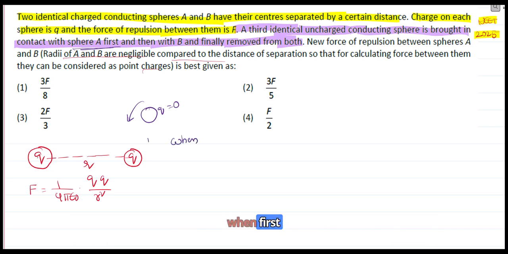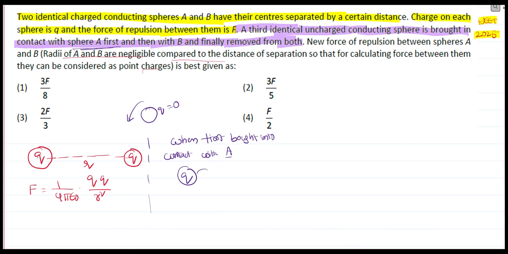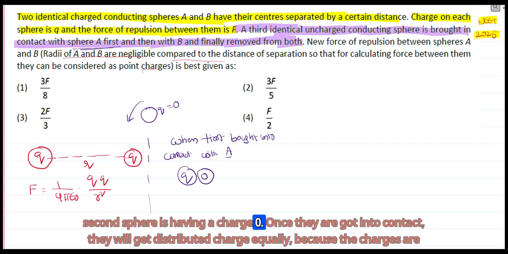When first brought into contact with A, see, the spheres are identical. So according to the uniform charge distribution, the first sphere is having a charge Q, the second sphere is having a charge 0.